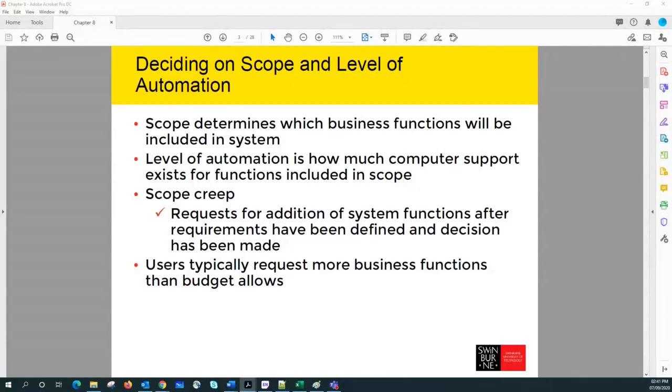When it comes to business analysis, we will probably uncover many more requirements and needs than can reasonably be included within the system.